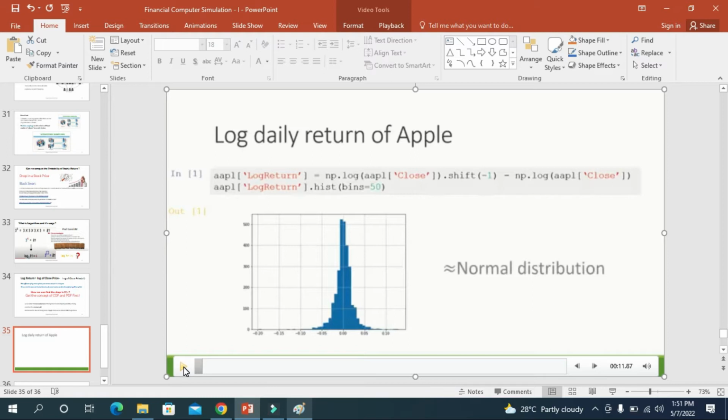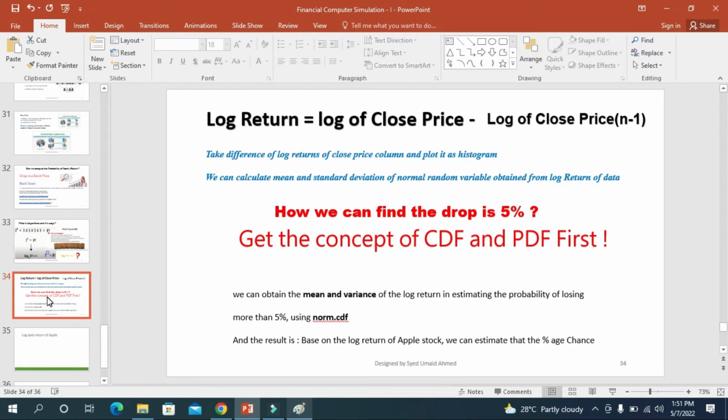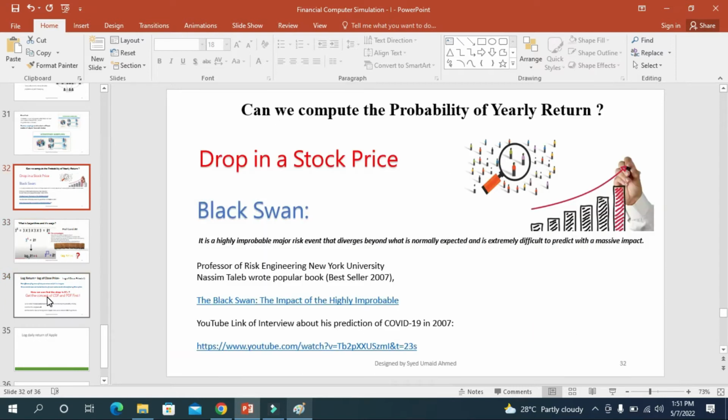Before going forward, I want to share the case which we are going to solve today. In this lecture, our target is to calculate the drop in a stock price.